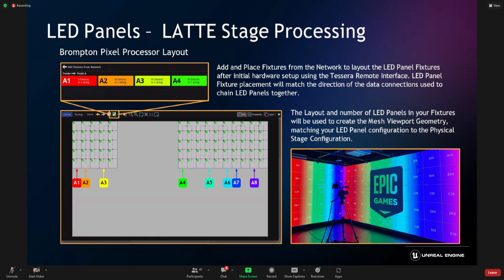The Latte stage is using a Brompton processor with Tessera software. And this is what the screens look like on the Tessera software, which manages the connections among all of the wires connecting all of the LED panels.